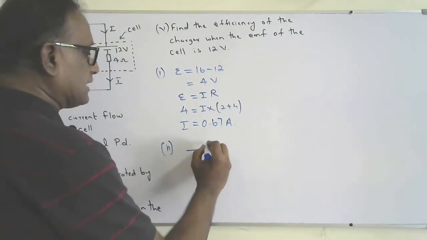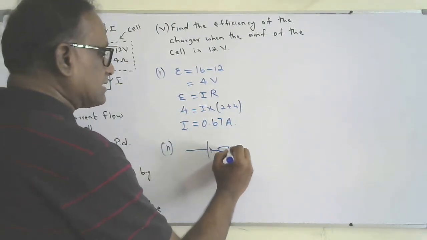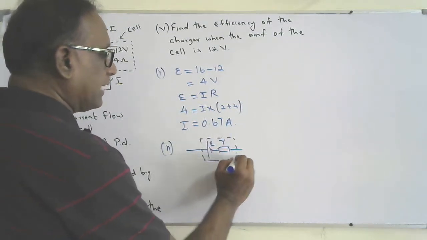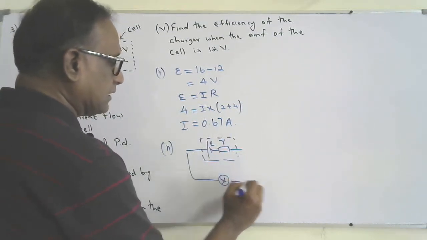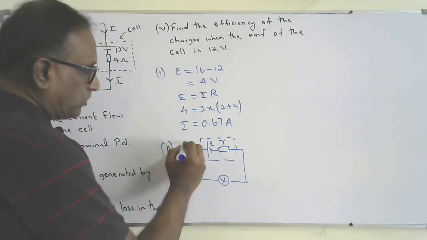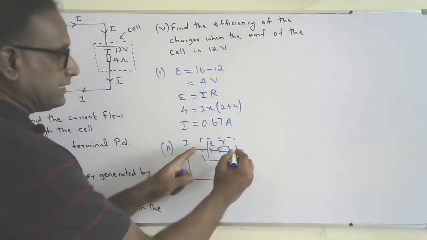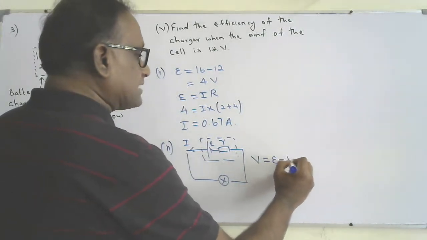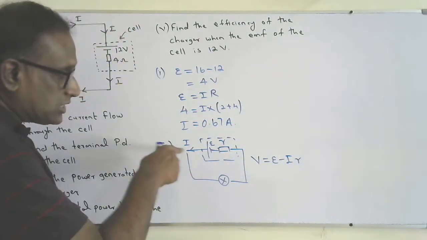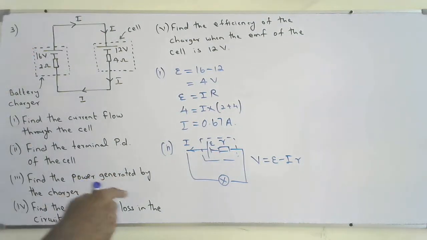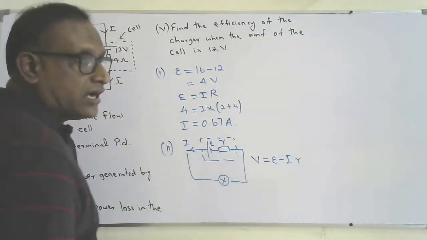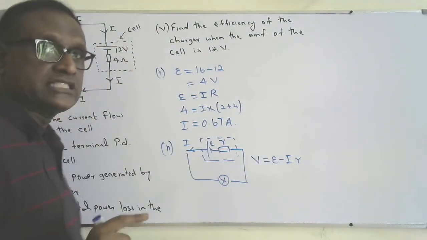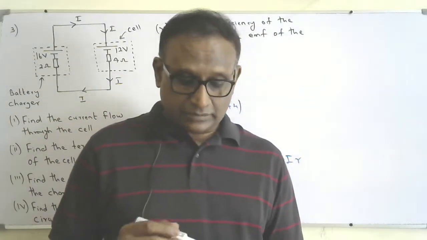When you consider a cell which has resistance r and EMF epsilon, connected in a circuit, current will come out of the cell. So there I can say the terminal potential difference V equals E minus Ir. But here current is going into the cell, so I can't use this equation. We can use V equals E plus Ir, but that equation is not in the Edexcel syllabus.